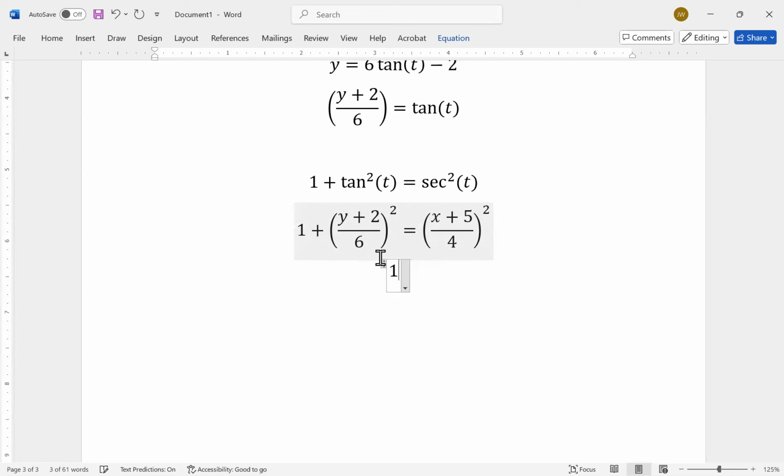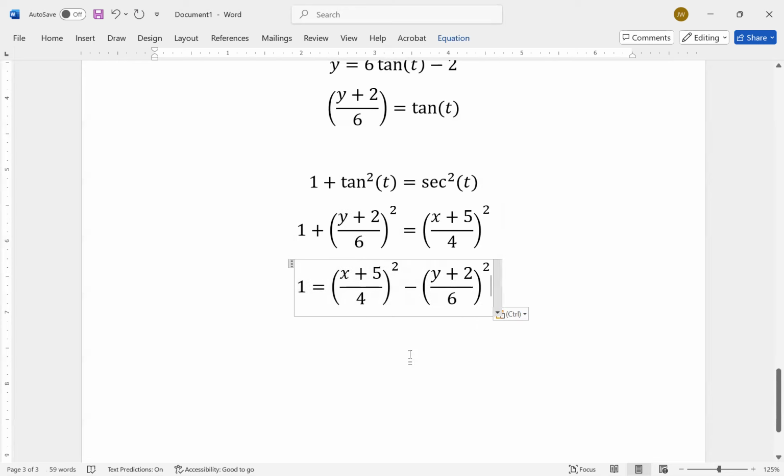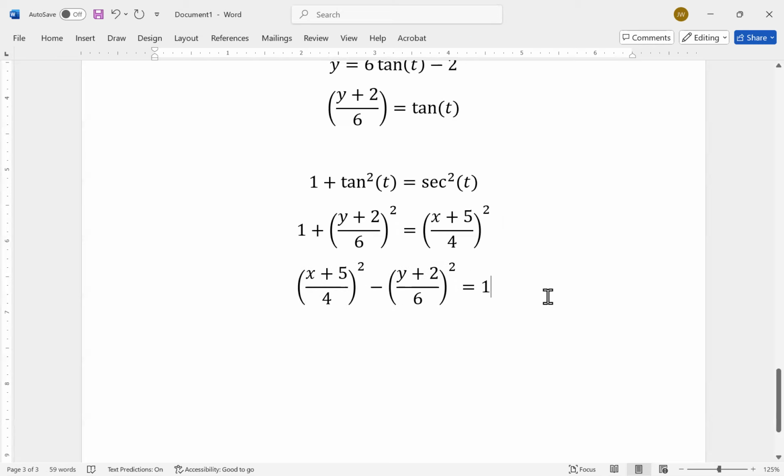What that'll give me is something that looks like 1 is equal to x plus 5 over 4 quantity squared minus y plus 2 over 6 quantity squared. Now I can put the 1 either on the left-hand side or the right-hand side. The right-hand side is going to be a little more familiar. And now hopefully you can see that this thing is actually just a hyperbola.